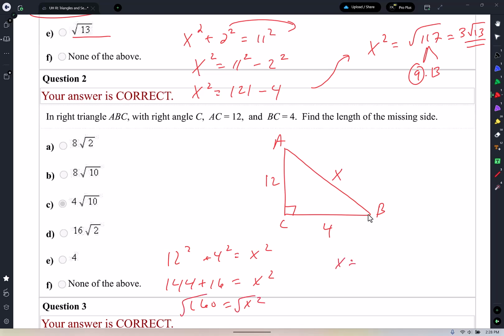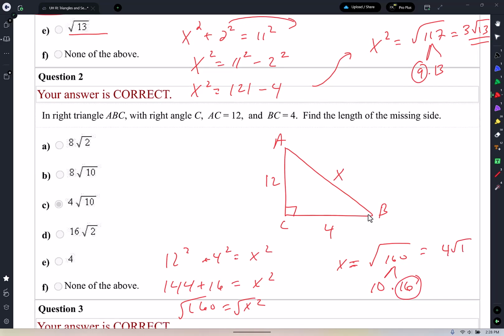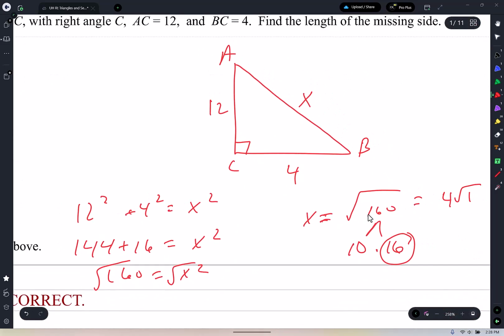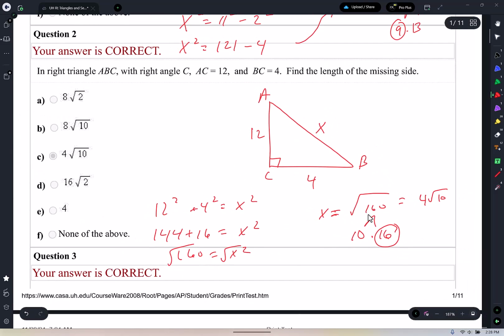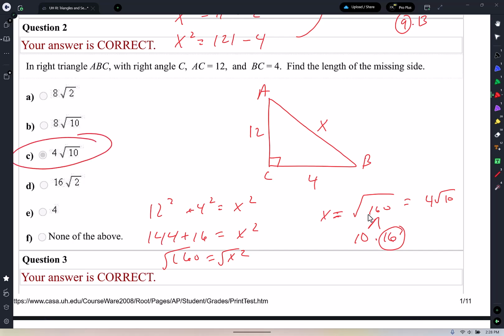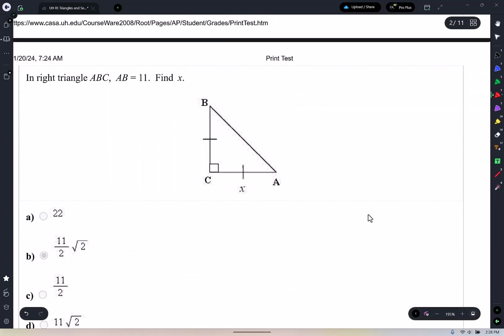X equals, let's see, 160 is the same thing as 10 times 16, right? And then the square root of 16 is 4, so 4 root 10. Oops, I accidentally pushed the zoom in button. 4 root 10, and there it is. How do we feel, guys? All right, let's go to the next one.